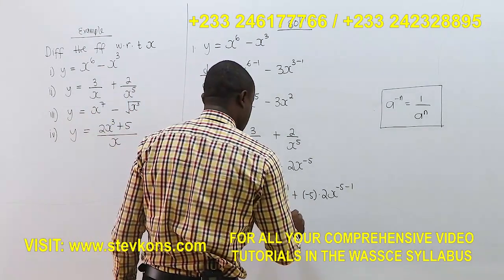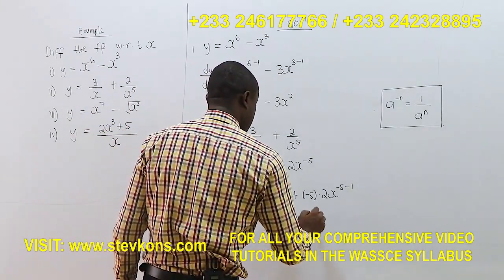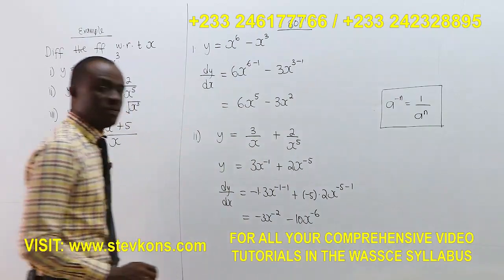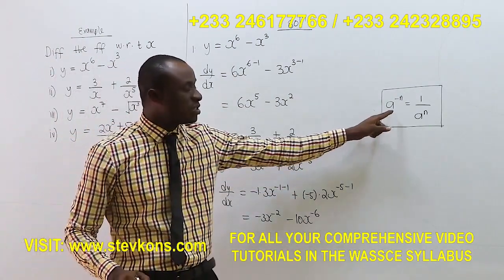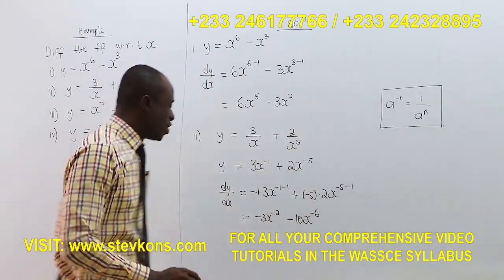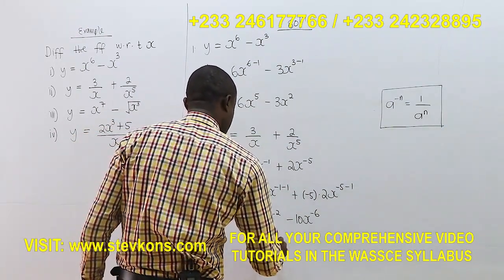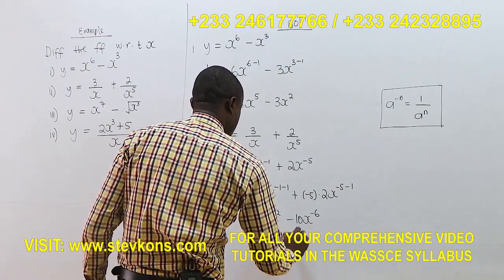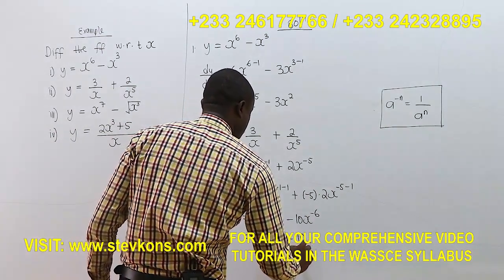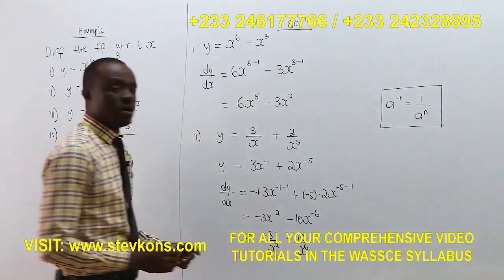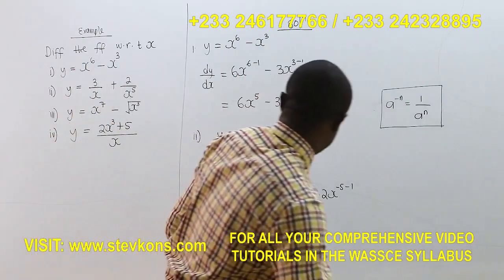Negative 5 times 2, that's negative 10x to the power negative 6. And applying this principle, a to the power negative n is 1 over a^n. We can leave it like this, or it is still the same as negative 3 over x squared minus 10 over x to the power 6.